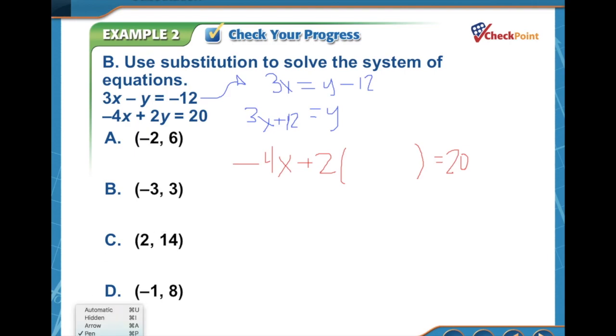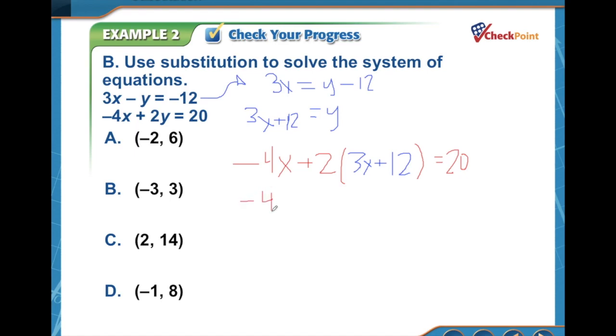Instead of the y, I'm going to put what it's equal to, 3x plus 12. The reason we do that is because we now have an equation that only has x's in it, not x and y, and now we can solve it because it's just a multi-step equation with one and only one variable.